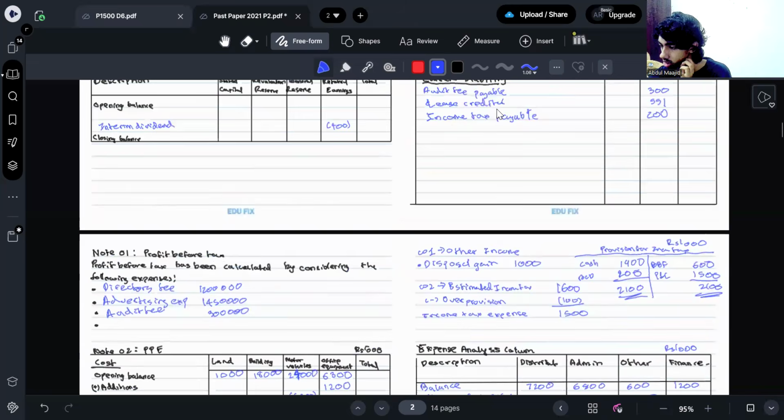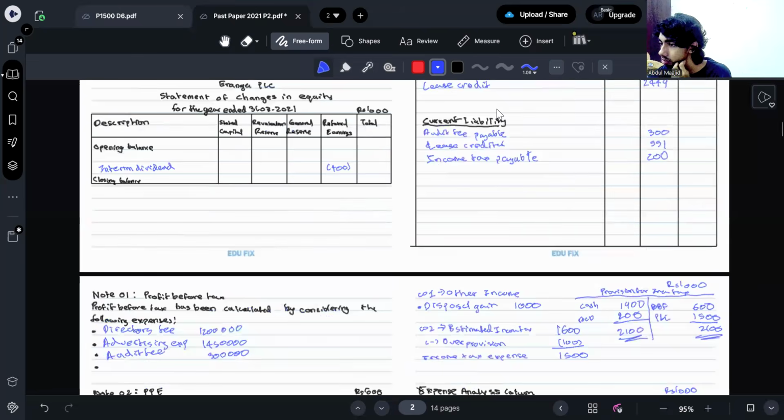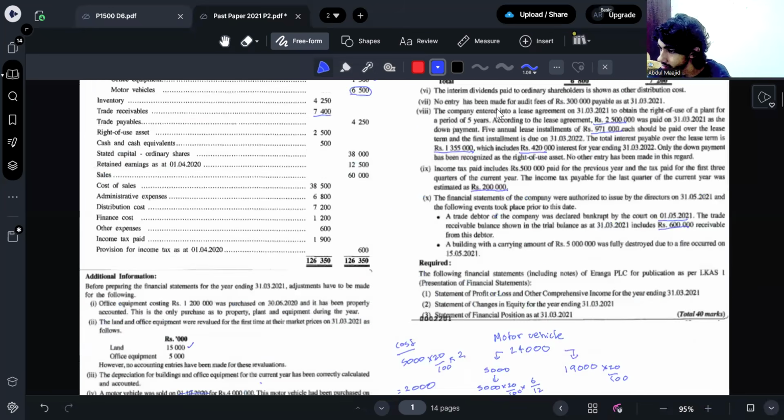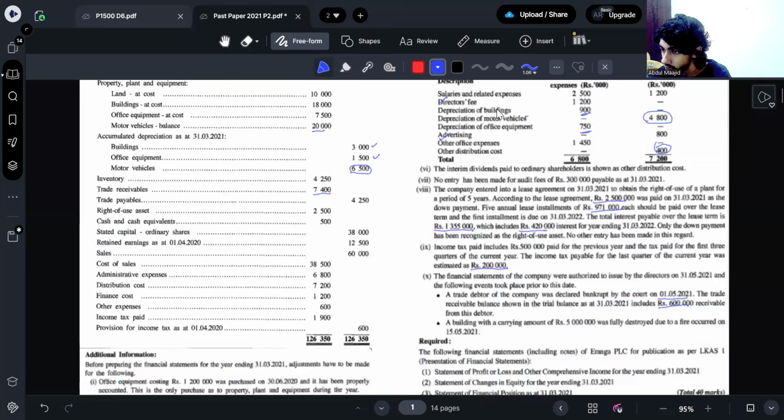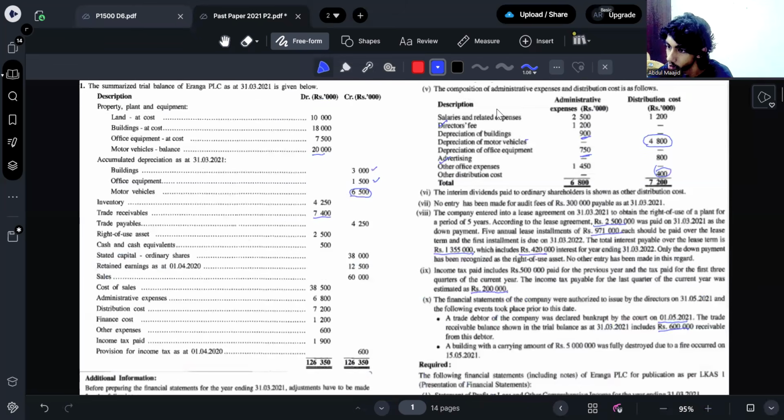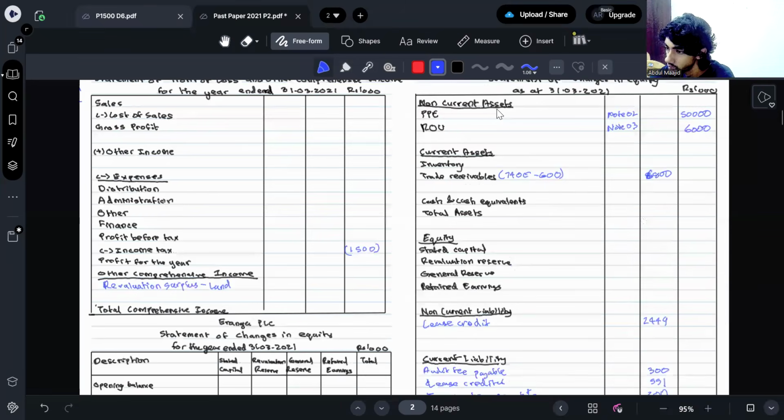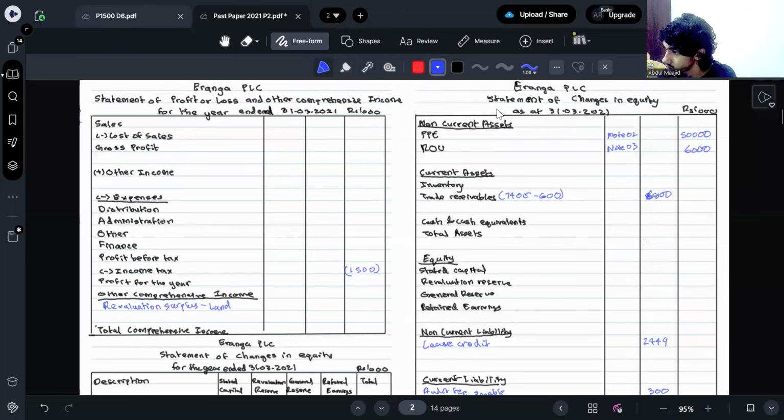Something that I have missed. Okay. So we have recorded all the additional information. Now we can tick the trial balance amounts. Property, plant and equipment, everything is adjusted. Inventory 4,250,000, you have to record under SOFP 4,250,000.